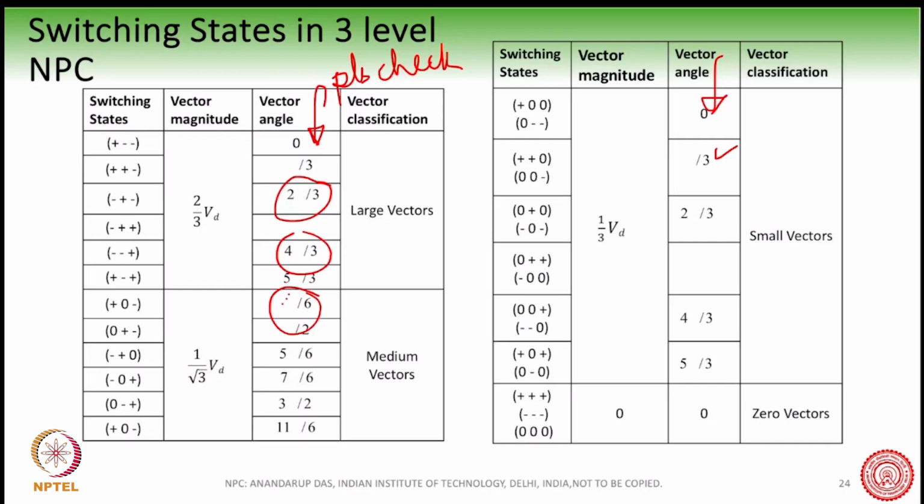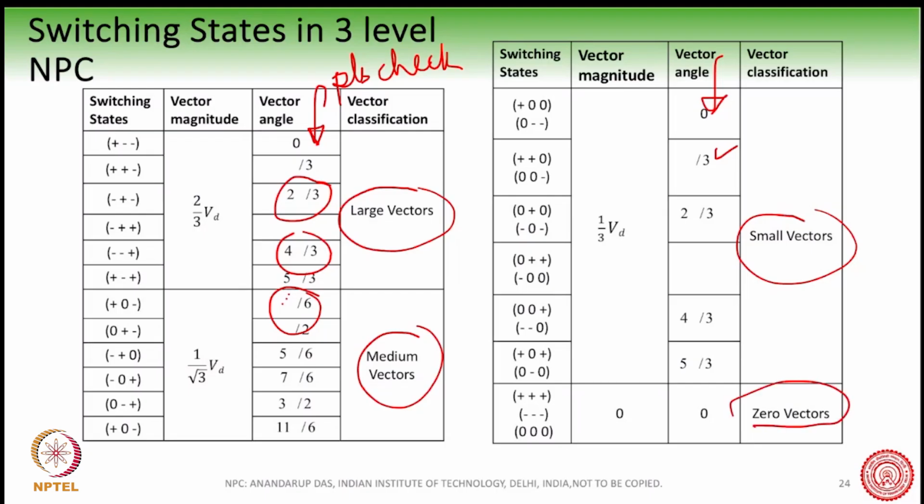So if you see here, the whole space vector diagram is divided into large vectors, medium vectors, small vectors, and zero vectors. There are 6 small vectors and there are 12 switching states for them.